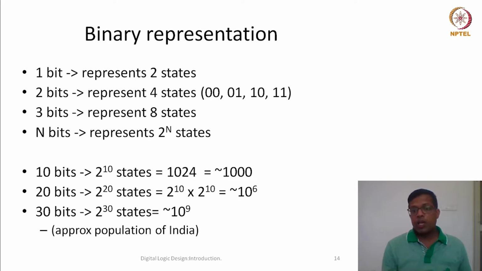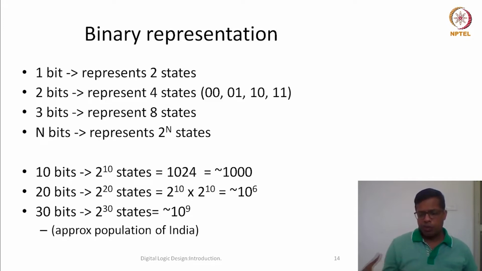Similarly, 1 megabyte is 2 to the power 20 bytes, and 1 gigabyte is 2 to the power 30 bytes. In other words, 1 kilobyte is around 1000 bytes, 1 megabyte is around 1 million bytes, and 1 gigabyte is around 1 billion bytes.